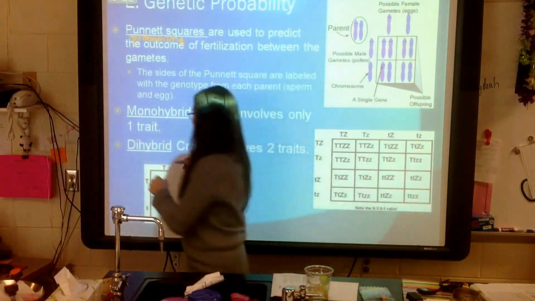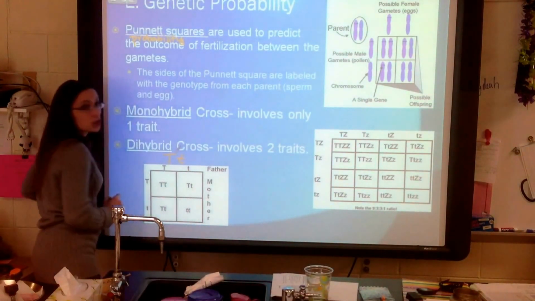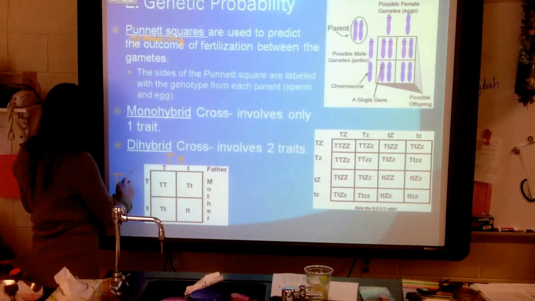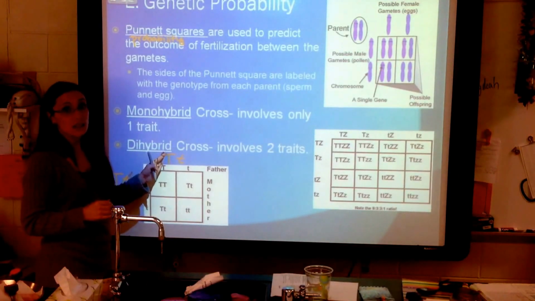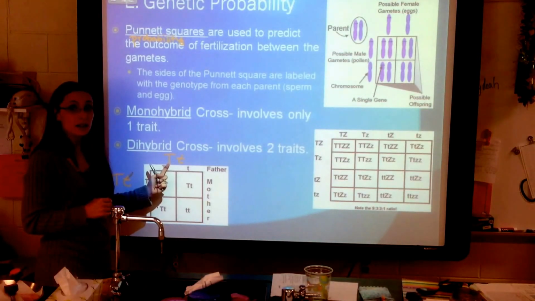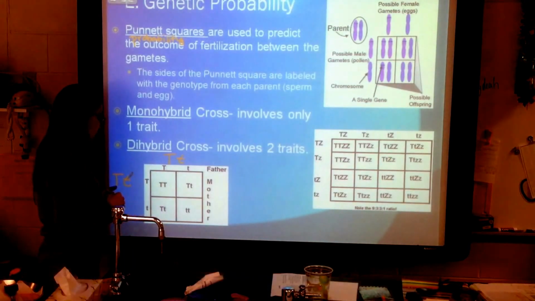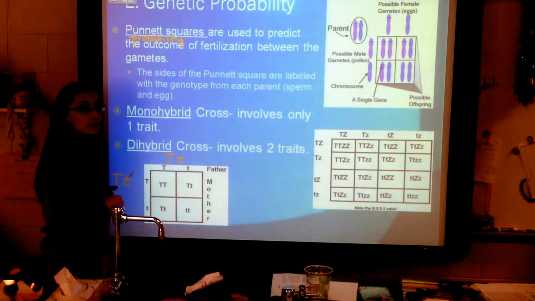Now the father, if you look here, was probably big T, little t. That was his genotype. And the mother was big T, little t. The father must have been dominant in his physical appearance because he had a dominant allele. And the mother was dominant in her appearance because she had a dominant allele.